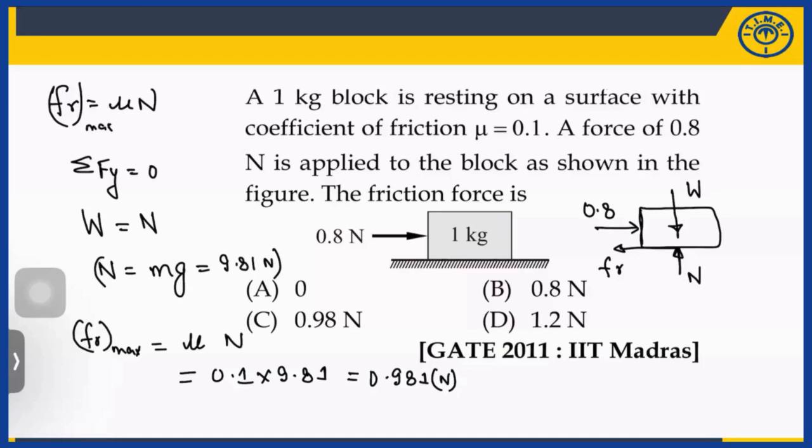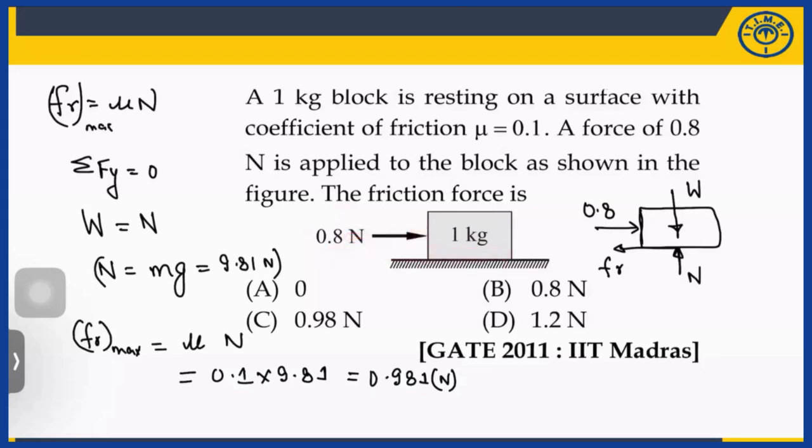Now, if you see, you are applying a force of 0.8 Newton. Where will this block move? This block will move in this direction. So the friction force will retard the motion of the block. So that means the friction force is acting in this direction. Yes or no? That is clear. But you are applying 0.8 Newton, and the block is moving in this direction.